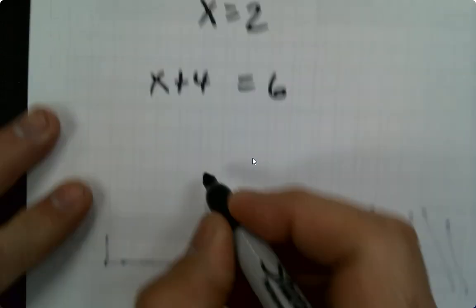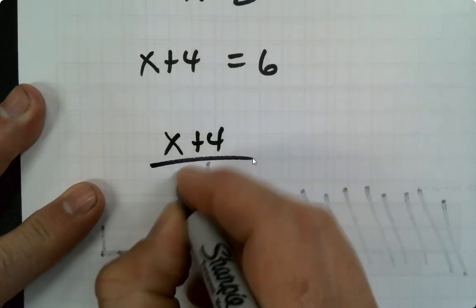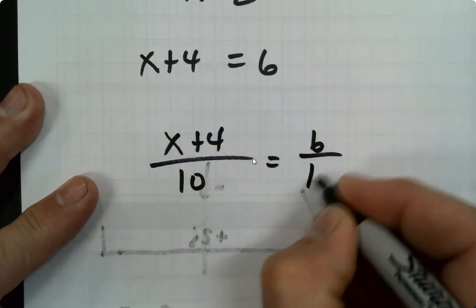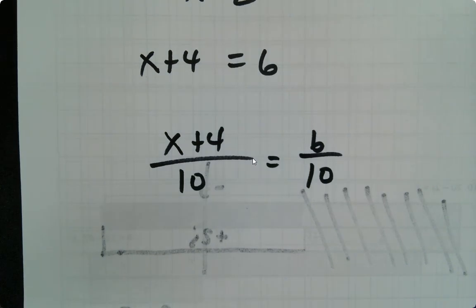So then my next thing, could I also say this? I would never dream of doing this, but could I do this? Because as long as I do the same thing to both sides of the equation, there's still equal parts on both sides of the equation.